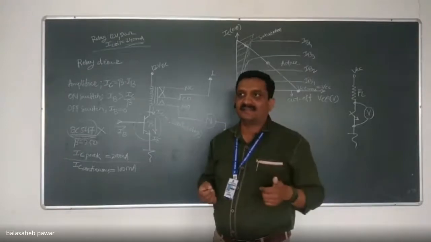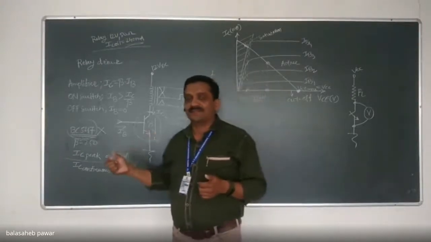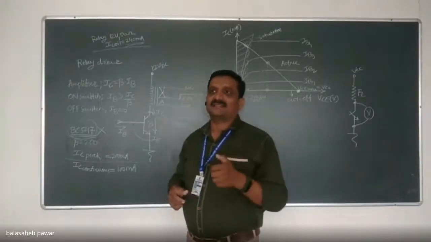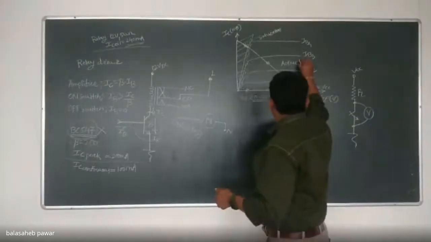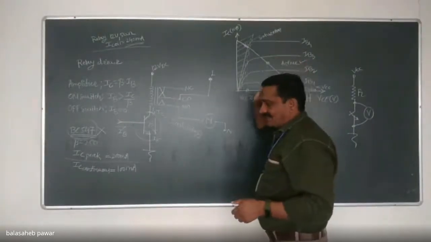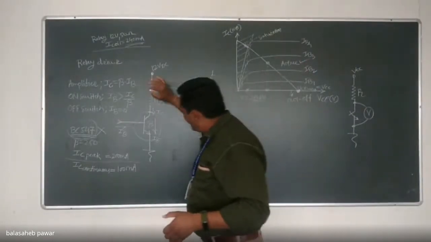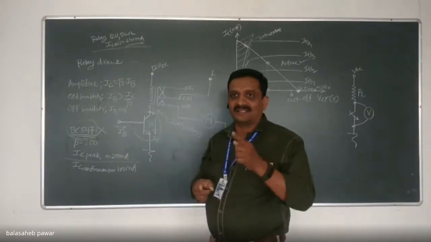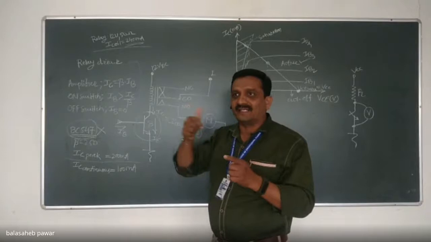Second condition, if I apply IB equals IC by beta, where will the transistor operate? Active. Yes, it will operate in the active region. Very nice. Right? Now, what will be the status of that relay? If the transistor is operated in the active region, will the relay get on or remain off?